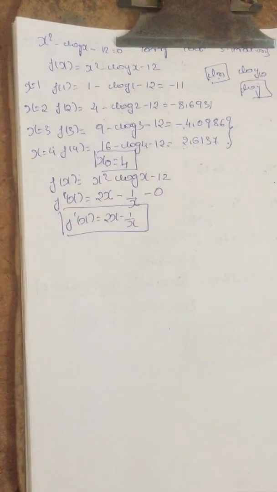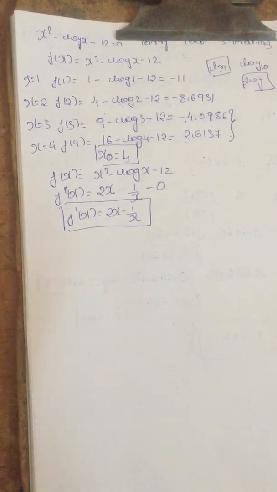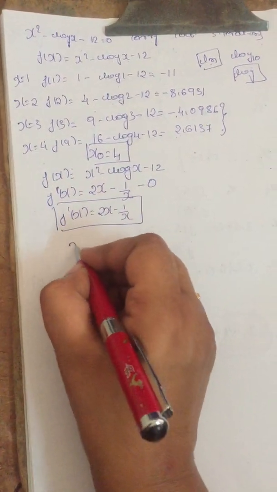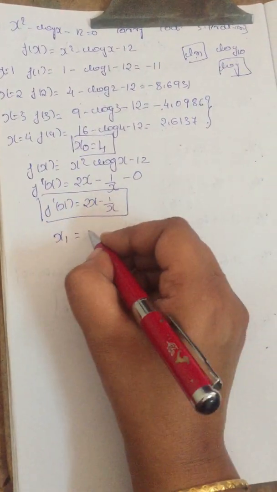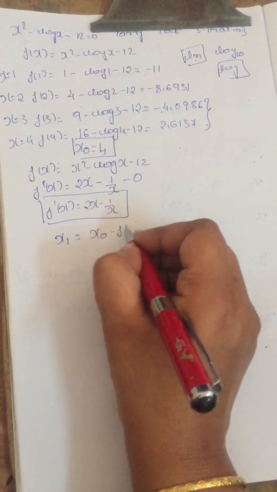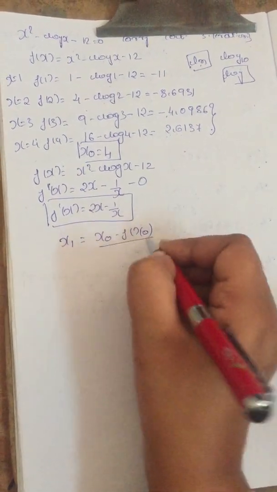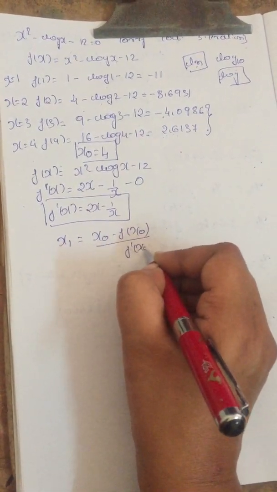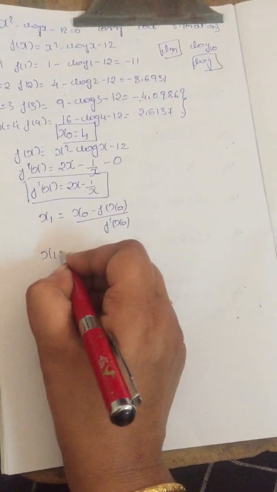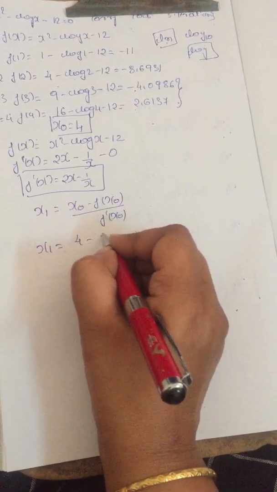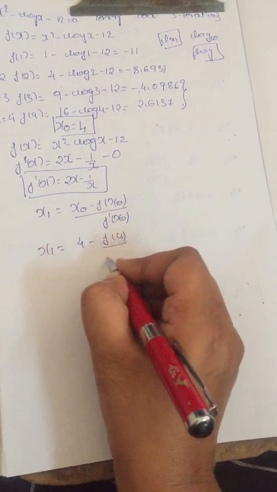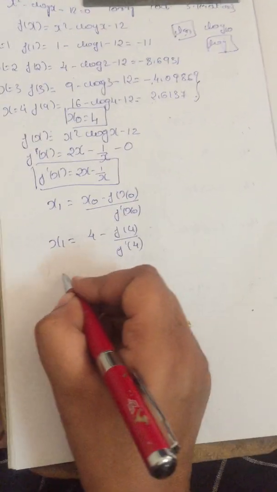Now x1 is equal to x0 minus f of x0 divided by f dash of x0. Take x0 is equal to 4, that is 4 minus f of 4 divided by f dash of 4.